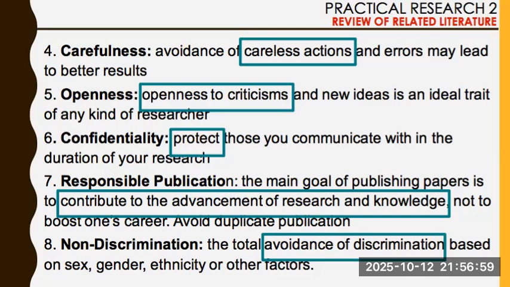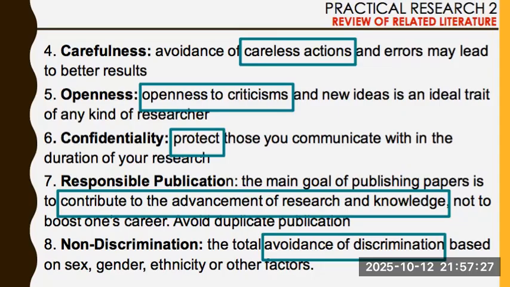The sixth one is confidentiality. Whenever we say confidentiality, if a study includes private information or unpublished data, we try to protect the confidentiality of our participants. Confidentiality respects participants' rights, and we try to comply with ethical and sometimes legal obligations.